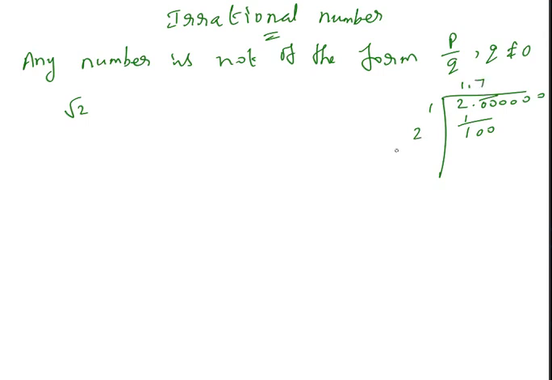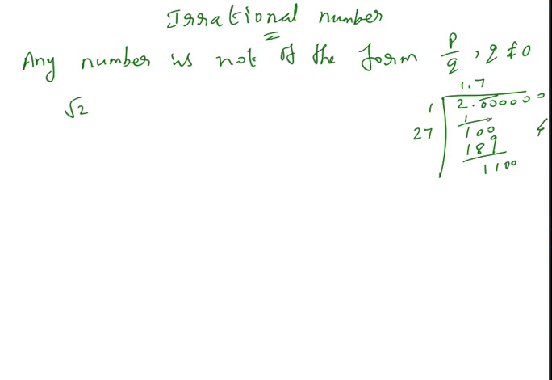We'll take 7. Whatever digit we put there, the same digit should go here also. 7 sevens are 49 and 7 twos are 14, 14 plus 4 becomes 18. If we subtract, 10 minus 9 is 1, 9 minus 8 is 1. Then we can bring down two more digits like this.